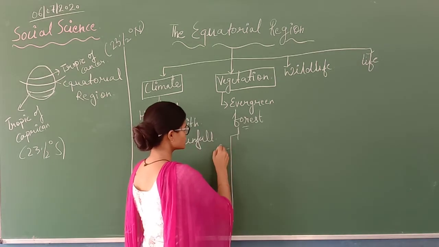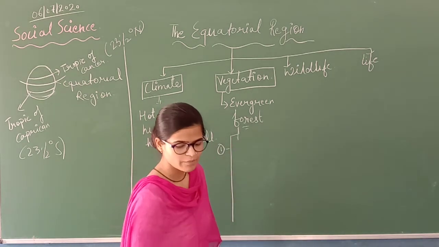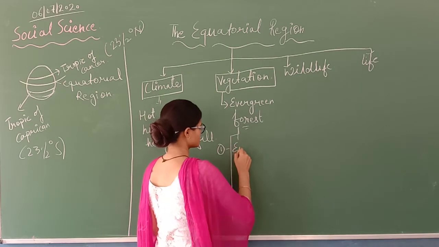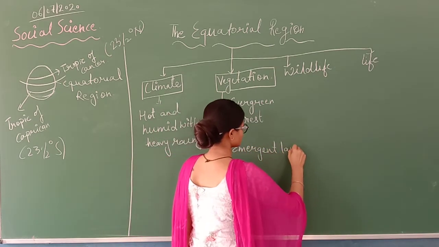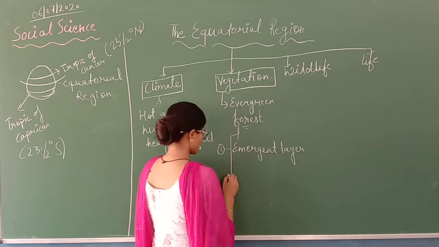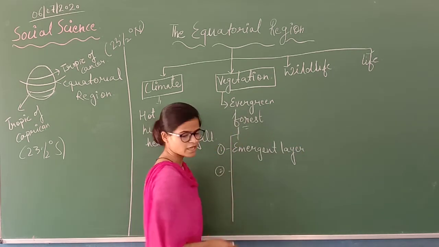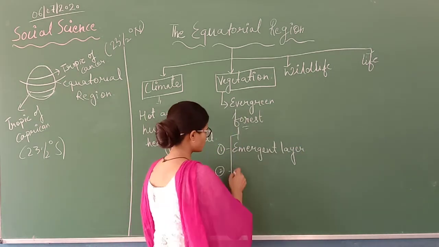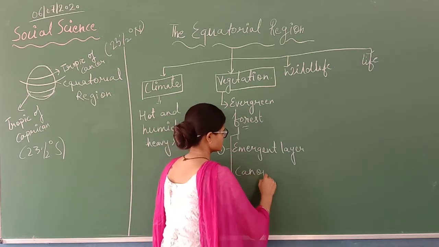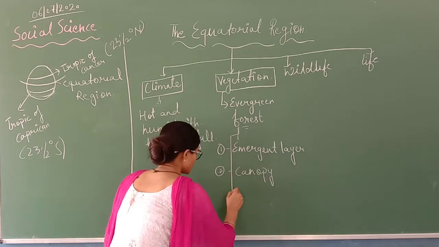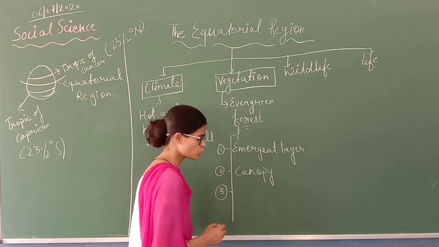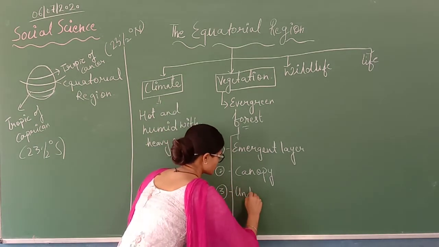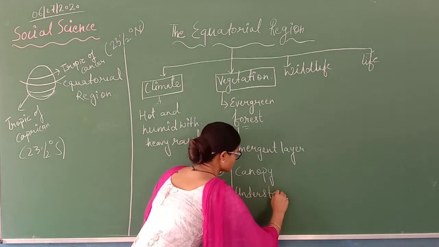The first part is the emergent layer. The second part is the canopy. The third one is the understory.